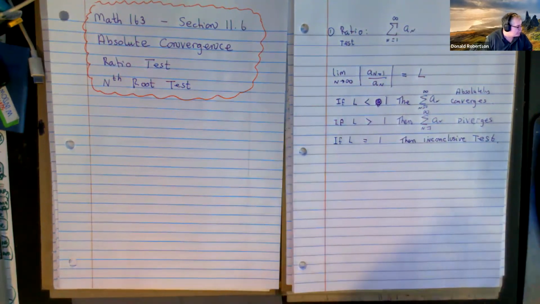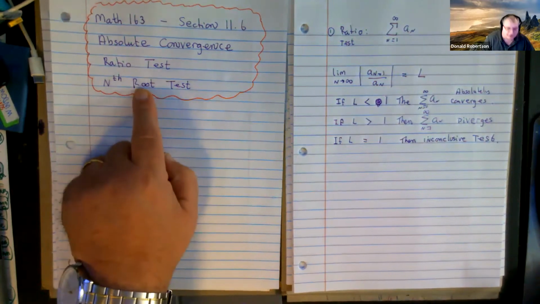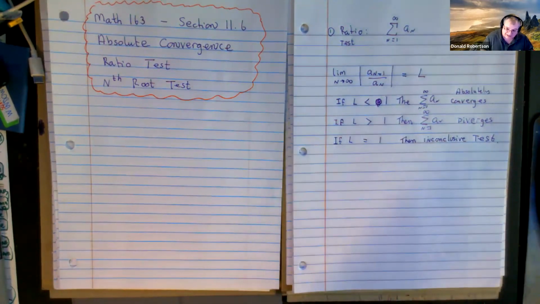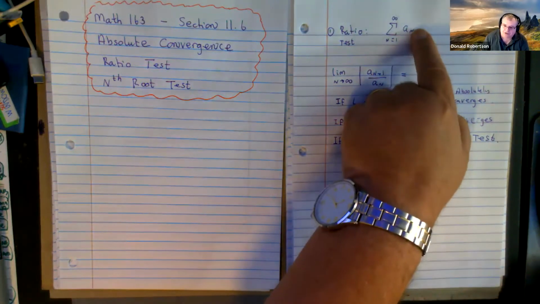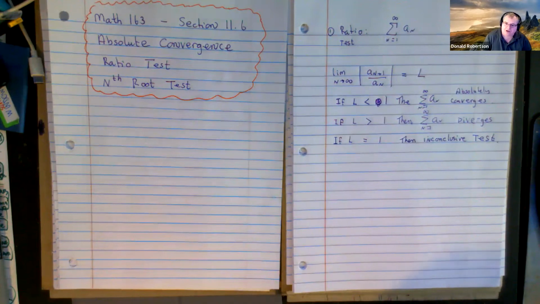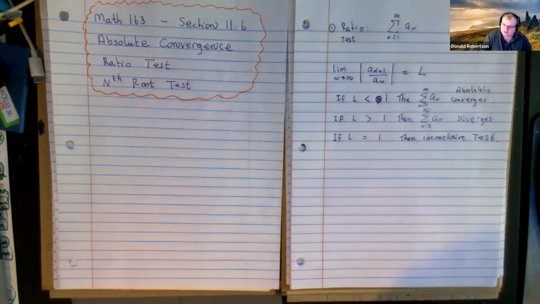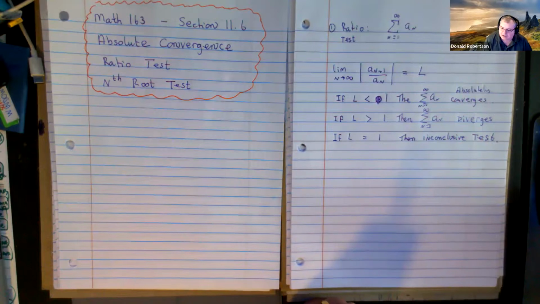Now, all the questions in this section, there's roughly 19 of them, they are all going to use one of these two tests. So you don't need to decide or pick them. But the usual kind of shape that makes the ratio test good is any series that's got a factorial in it, like n factorial or n plus 1 factorial, that kind of thing.